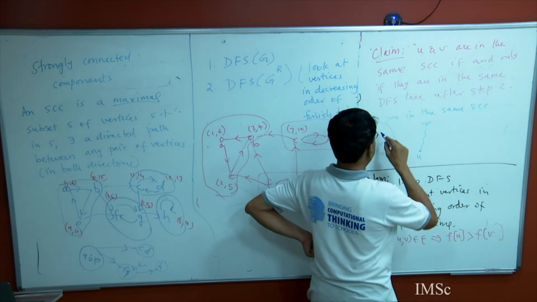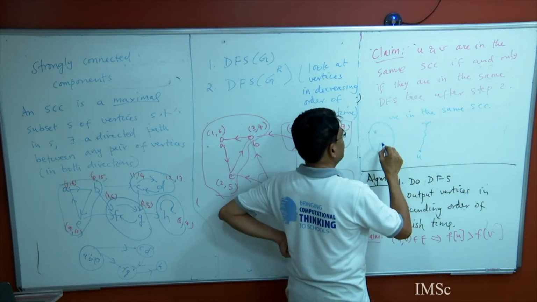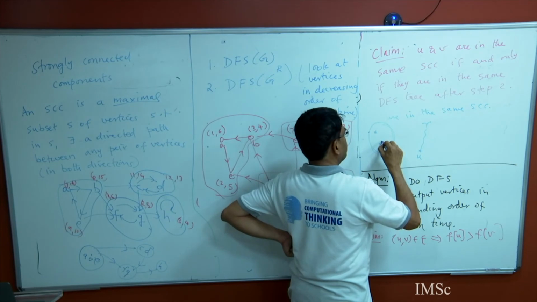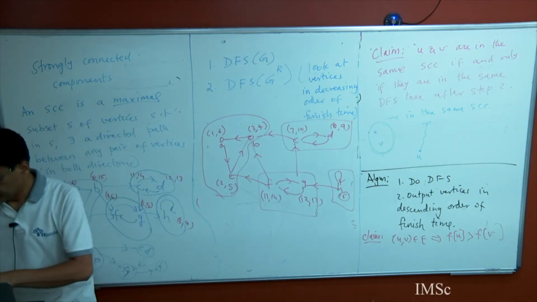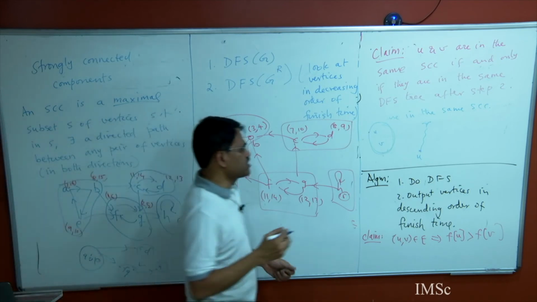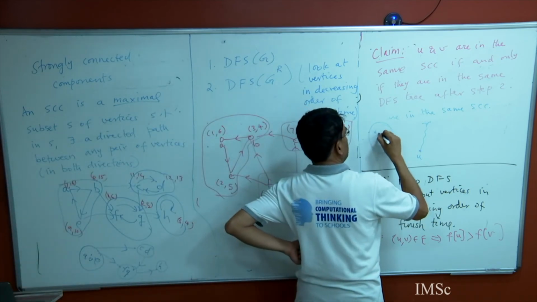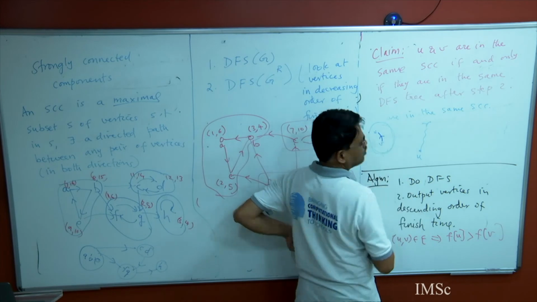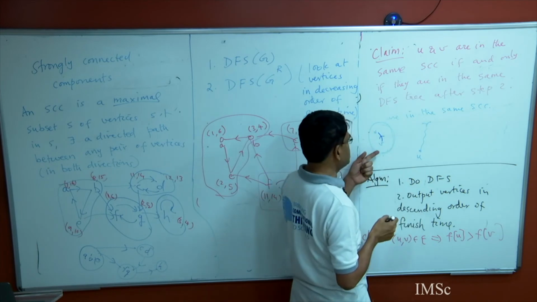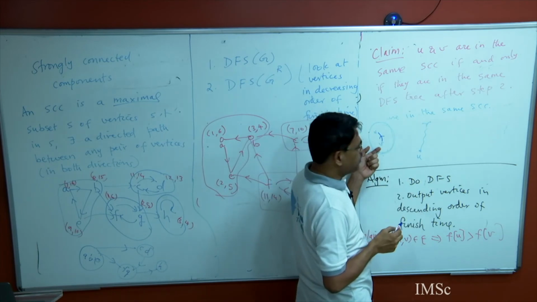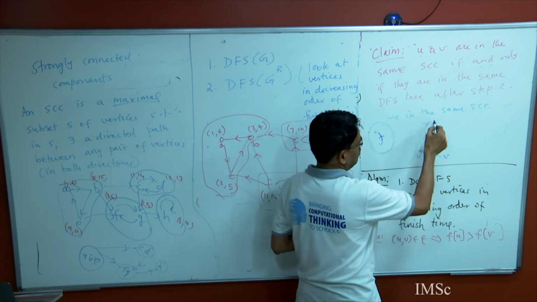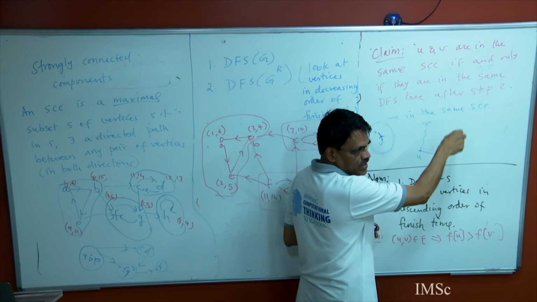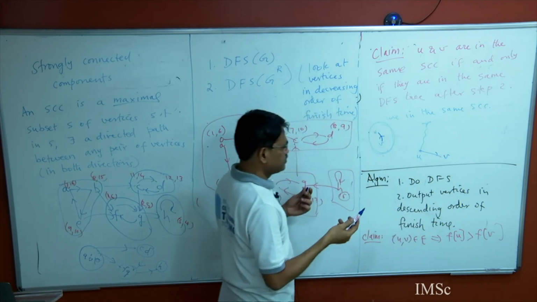Now, since U and V are in the same strongly connected component, there is a path from V to U, right? There is a path from U to V. Since U and V are in the same strongly connected component, in the directed graph, there is a path from V to U. So in the reverse graph, there must be a path from U to V. So V should also be reachable from R. So U and V will be in that same tree. Okay.